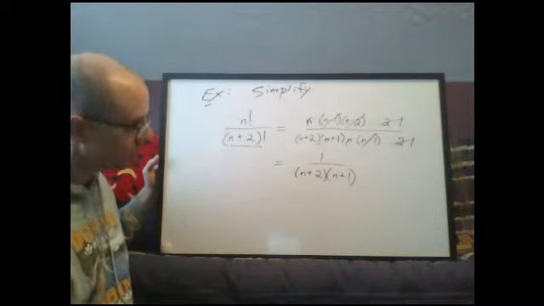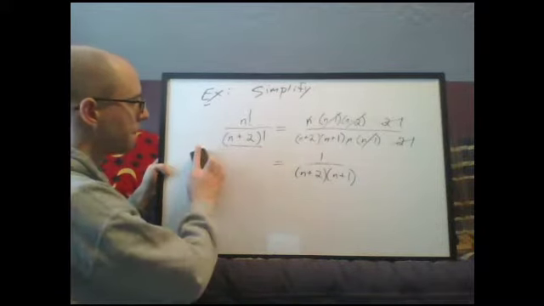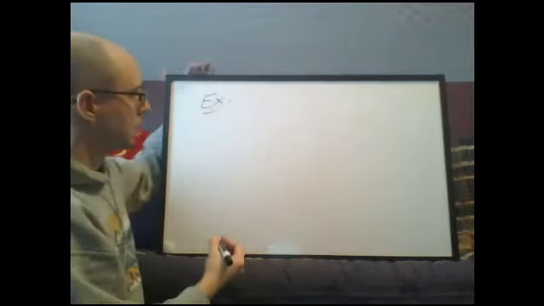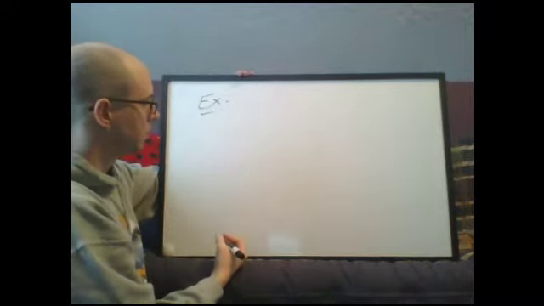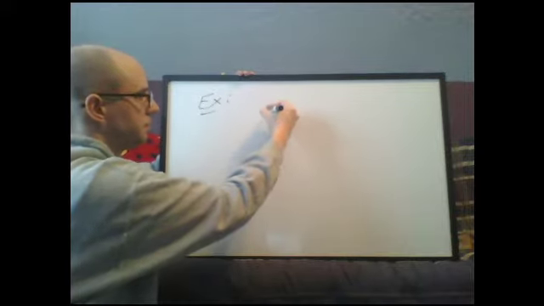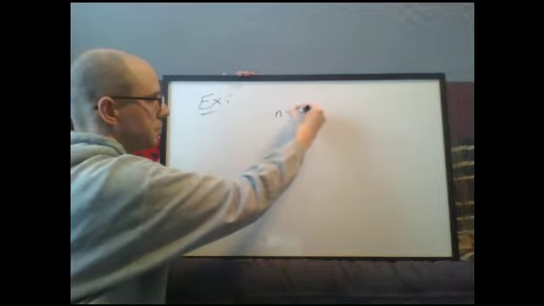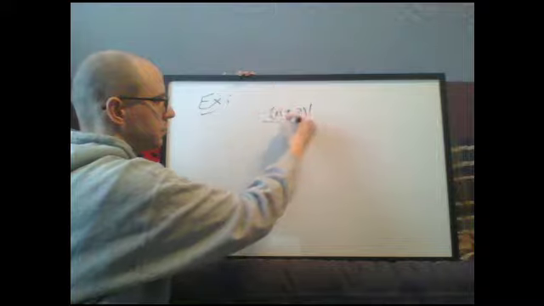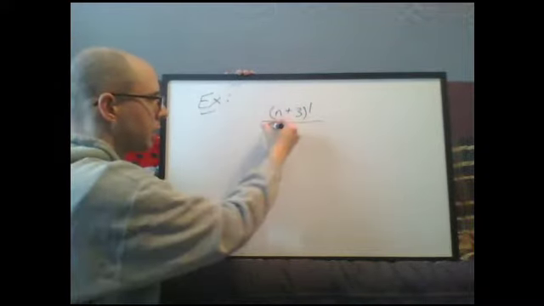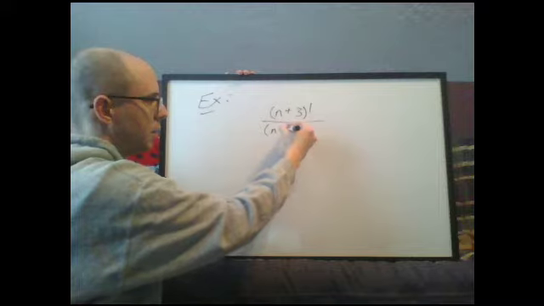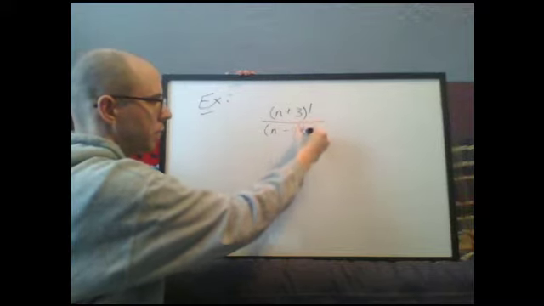So let's look at another example that's similar. All right, so same idea here. N plus 3 factorial divided by n minus 1 factorial.